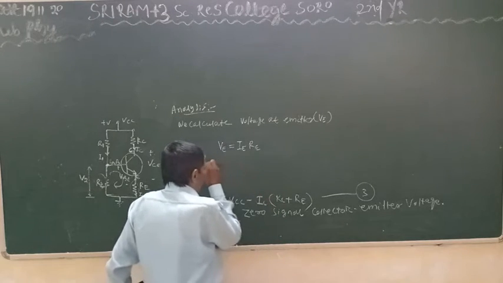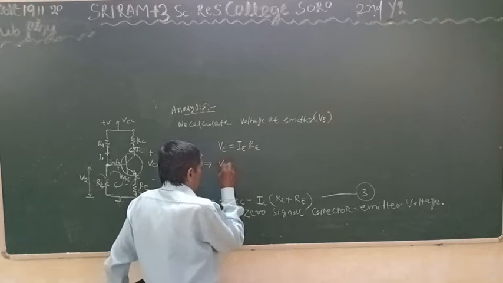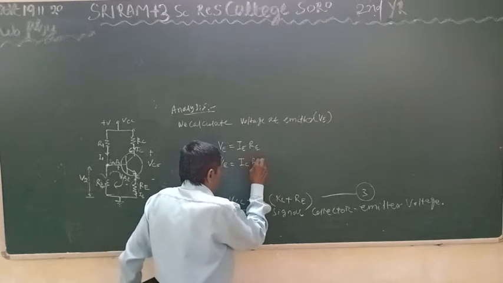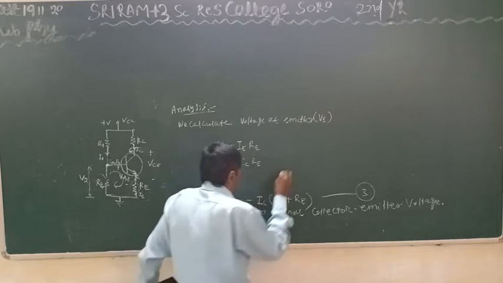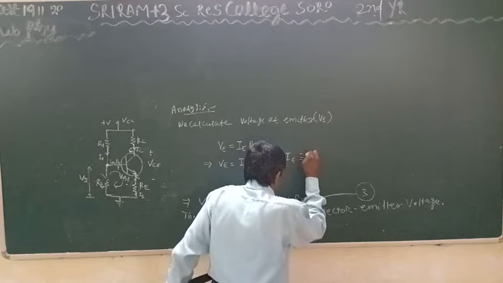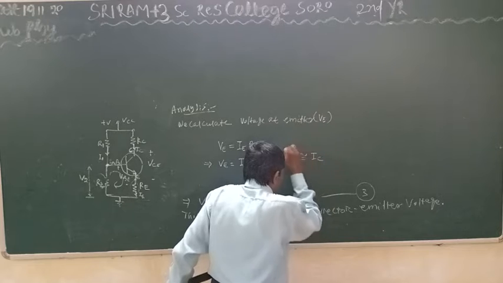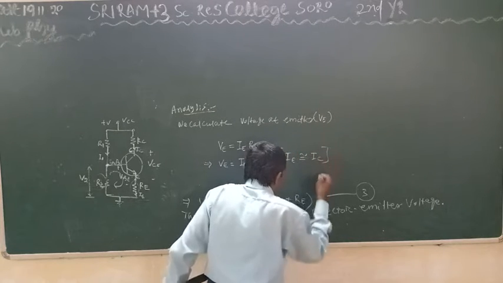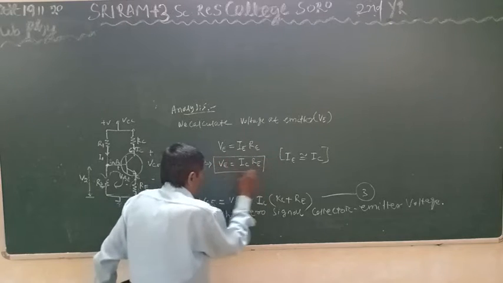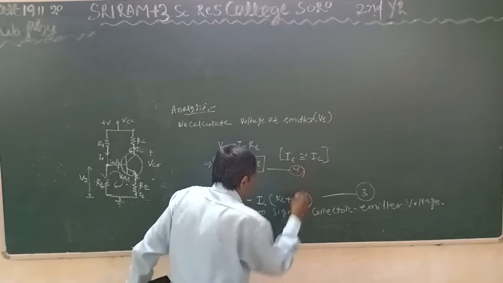Now again we write VE equal to IC RE, because IE is nearly equal to IC. So this is equation number 4.